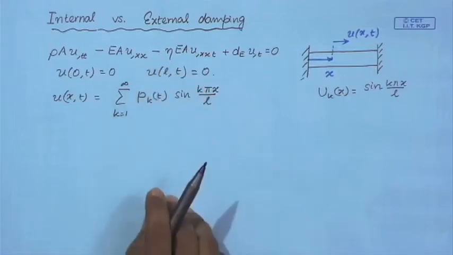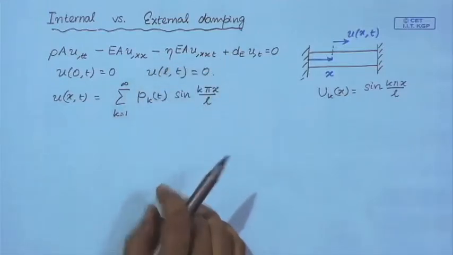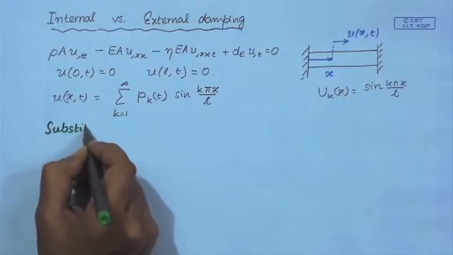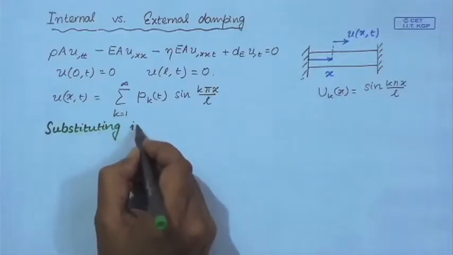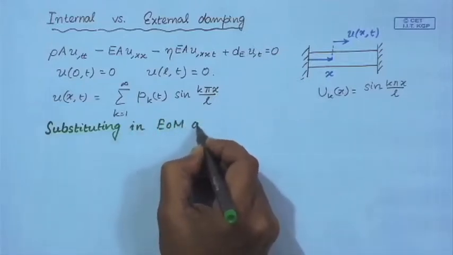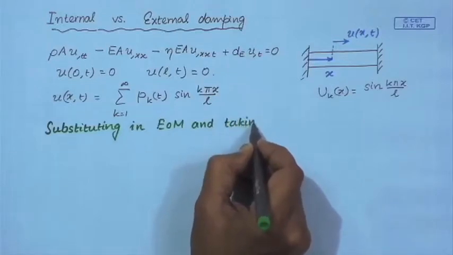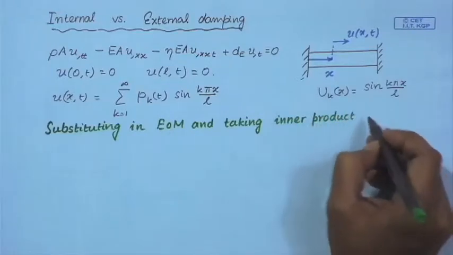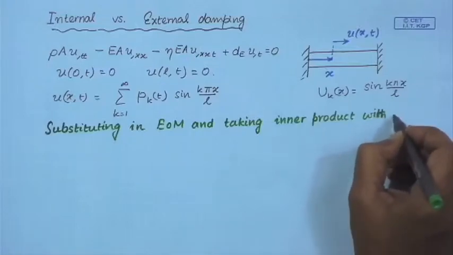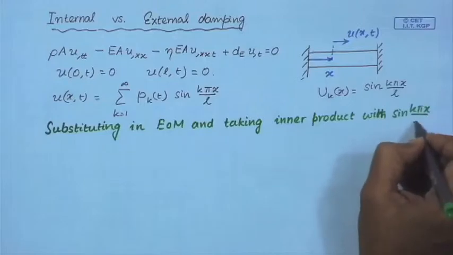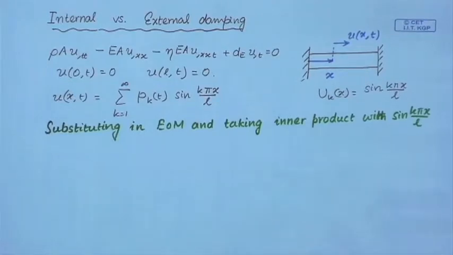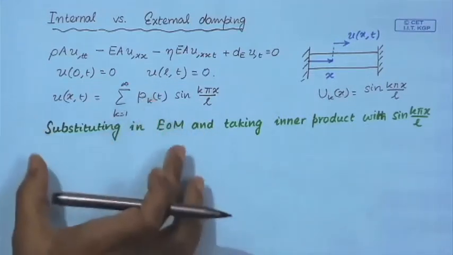So, when you substitute this expansion in the solution and take inner product with sin k pi x over L, that filters out the kth coefficient in the expansion.